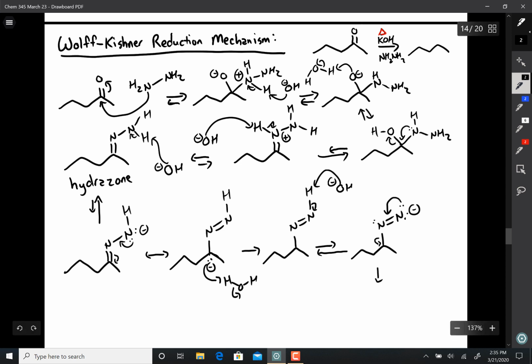If you follow this electron pushing, you get the source of the ultimate driving force for this reaction. It's the formation of nitrogen gas, which is an incredibly stable molecule. The resulting carbon, right there, has an arrow pointing to it. That means it gets a lone pair and a negative charge, a carbanion that is then protonated by water.